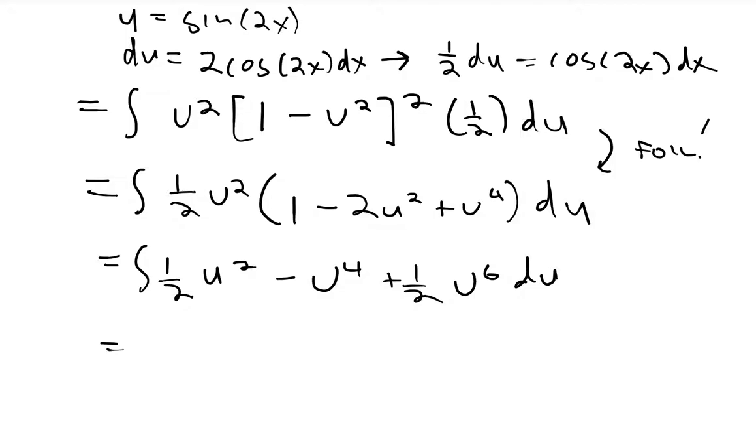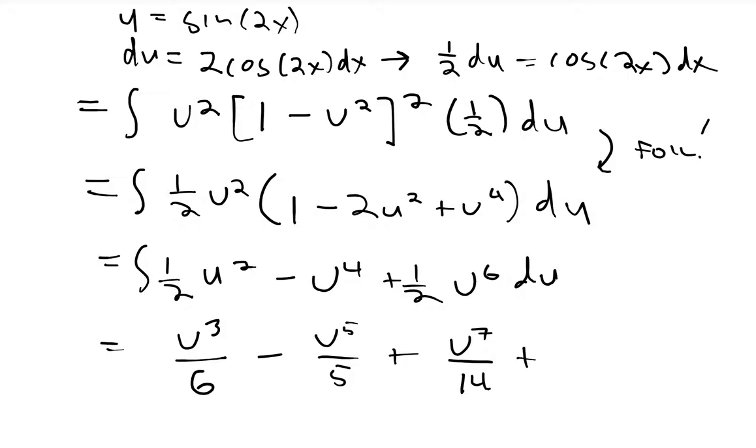Finally, from here I get to actually antiderive, so u to the 3rd over, if I divide by 3, that'll be 6. U to the 5th over 5, and here u to the 7th over, if I divide by 7, 14.